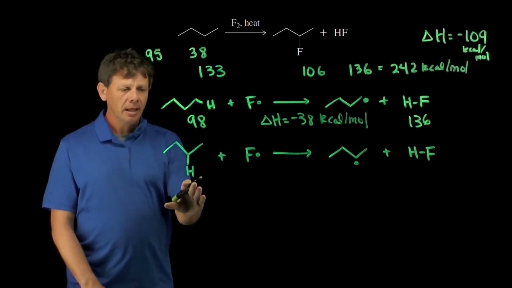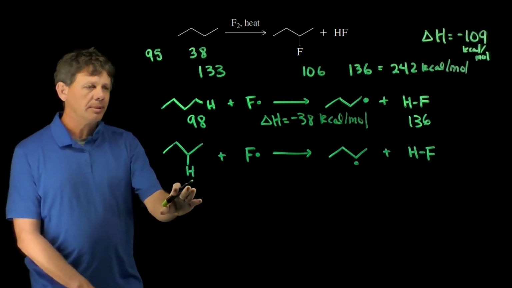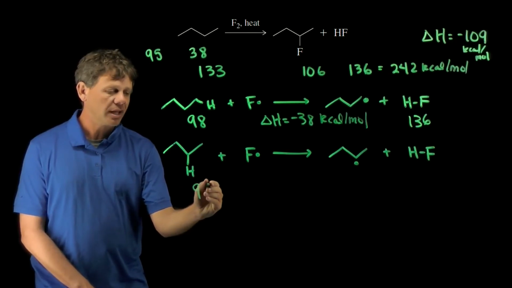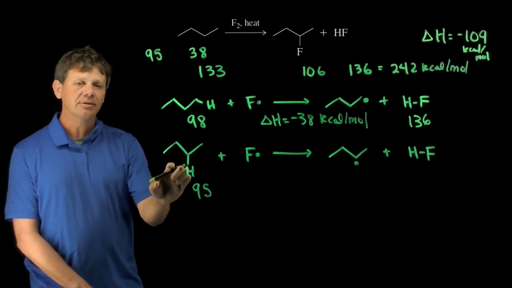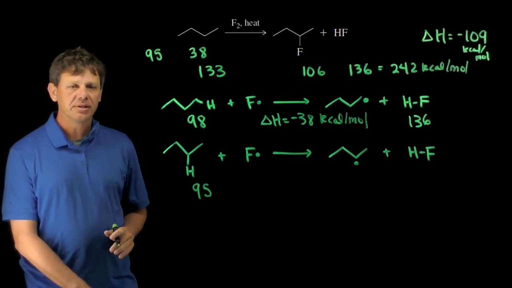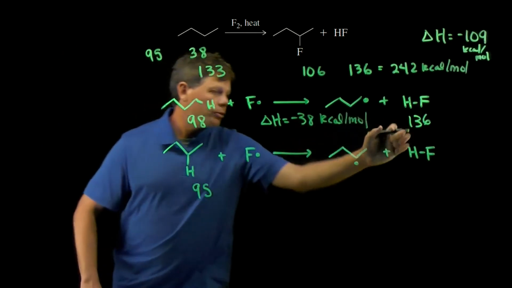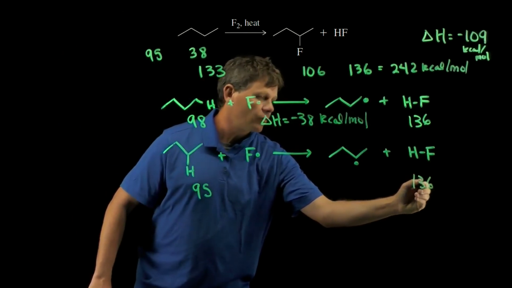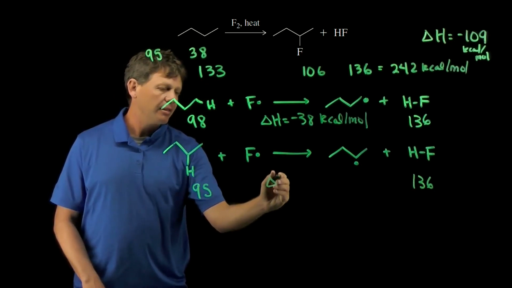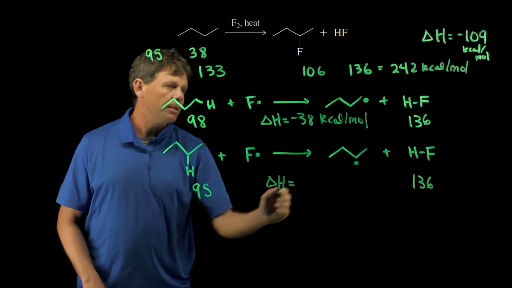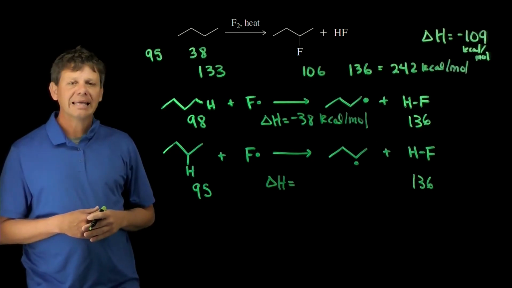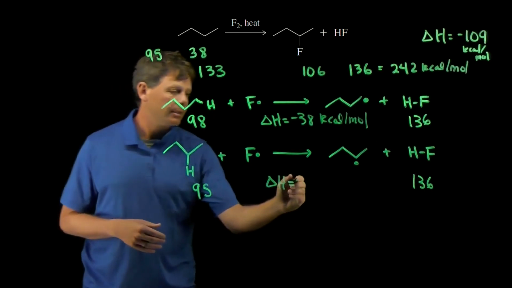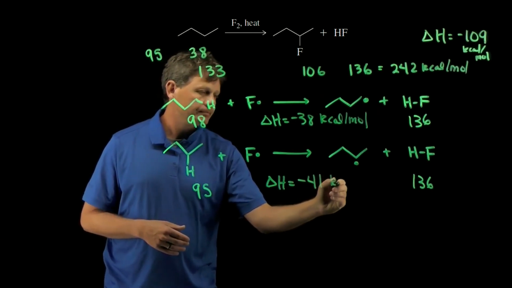As you might expect, this second step is also going to be highly exothermic, although slightly different, because now the secondary CH bond has a bond dissociation energy of 95. We'll use the same 136 over here. Doing that math, delta H is going to be equal to negative 41 kilocalories per mole.